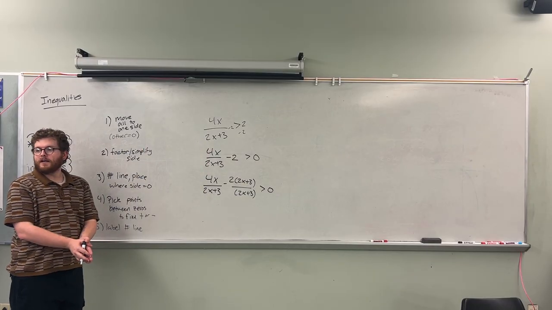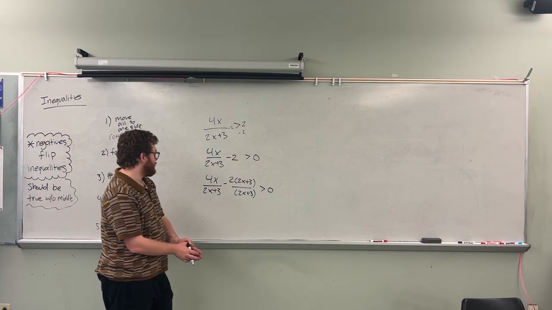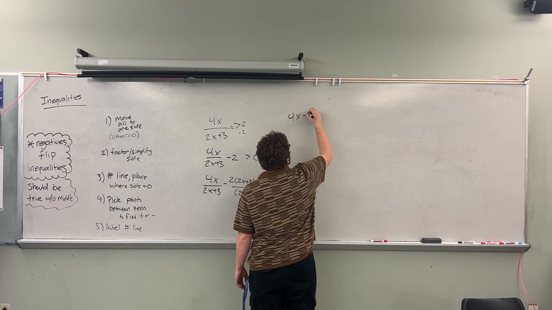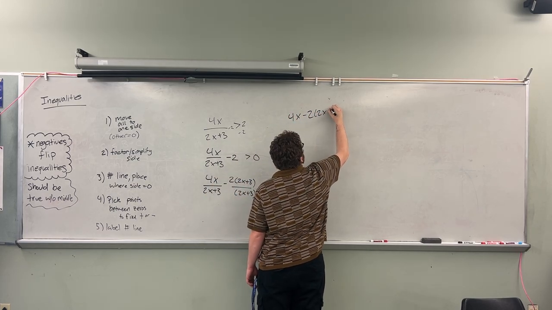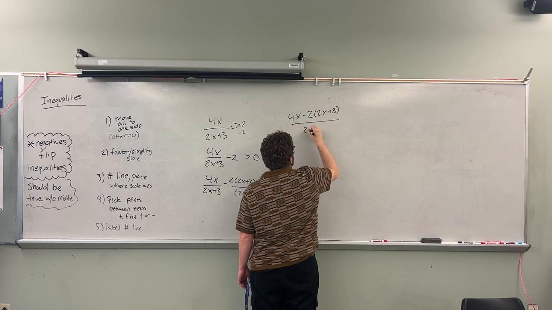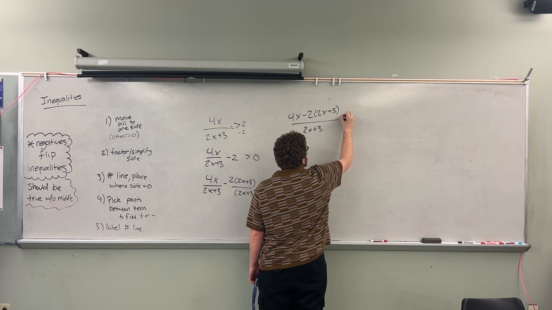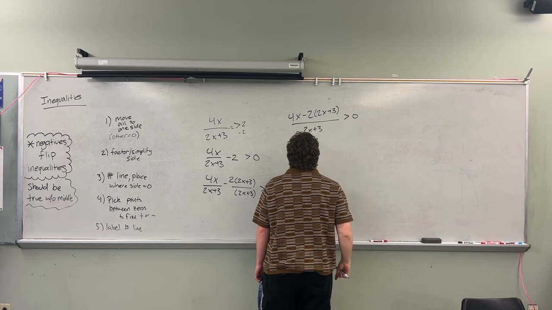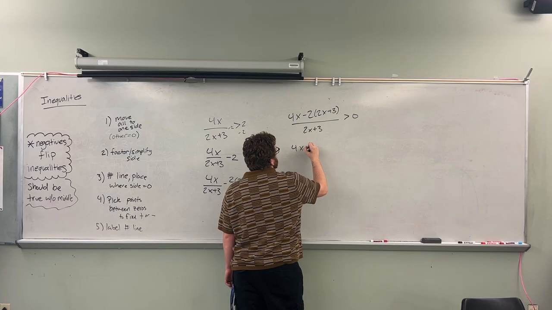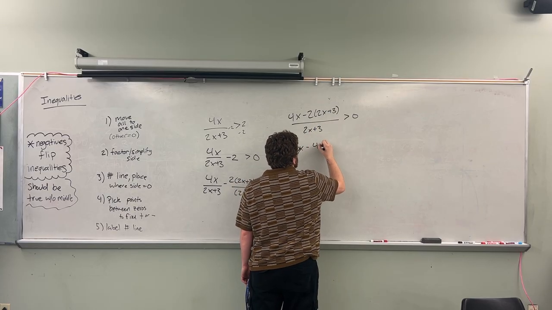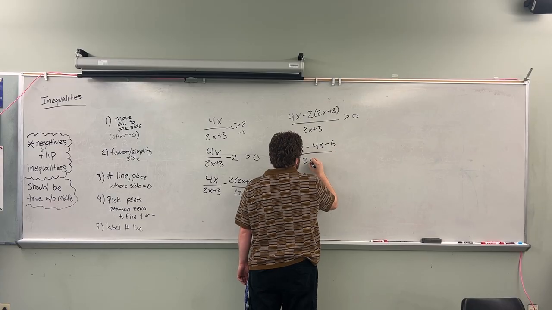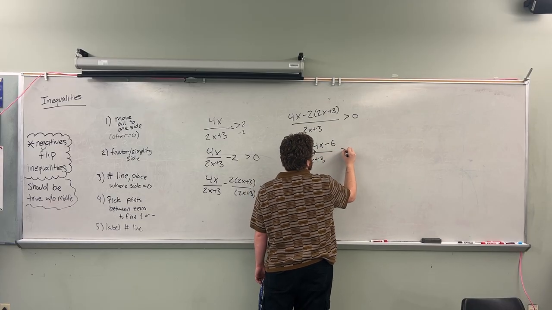And then I want to combine everything since they're over a common denominator. So 4x minus 2 times 2x plus 3 over 2x plus 3 is greater than 0. And then multiplying that out, I get 4x minus 4x minus 6 over 2x plus 3 is greater than 0.